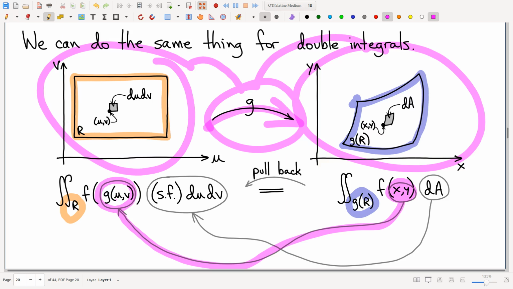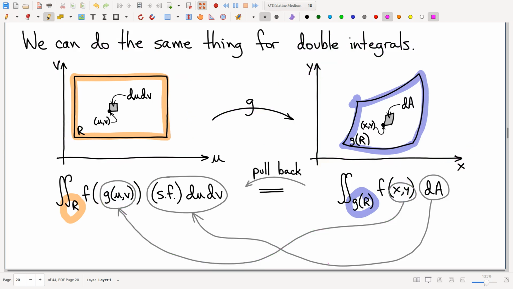And then there's the tricky question. Here's where things get hard. What are we going to do about the area over here? What am I going to do about that little piece of area?